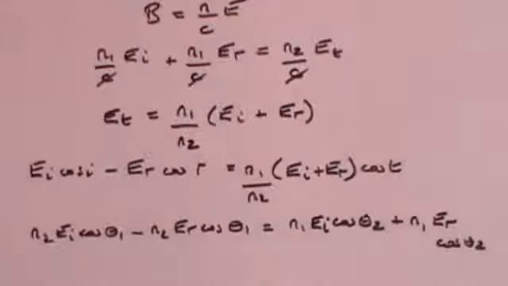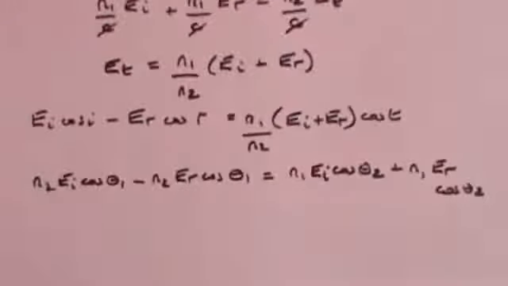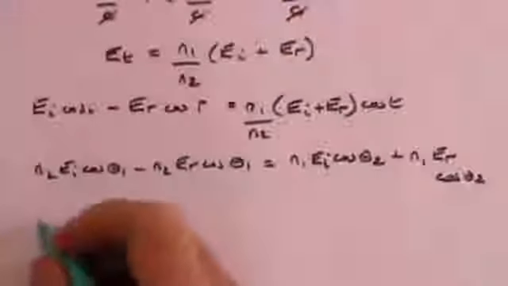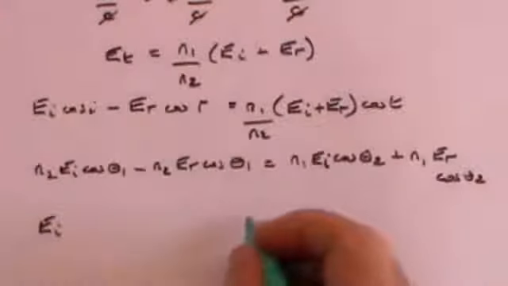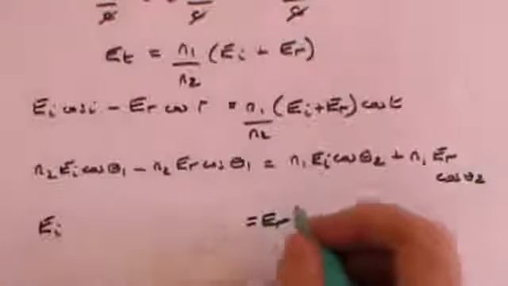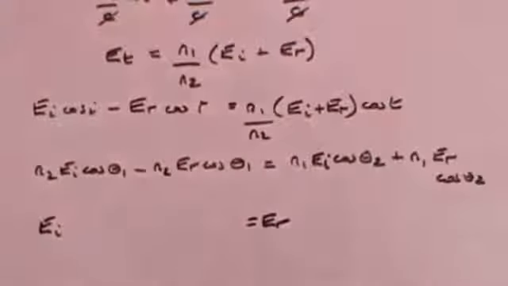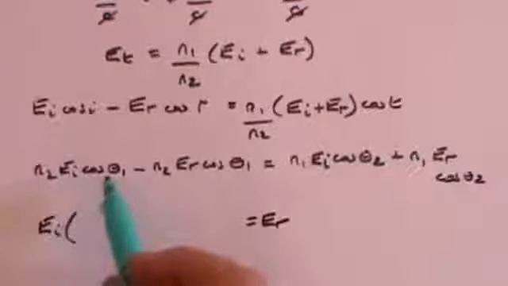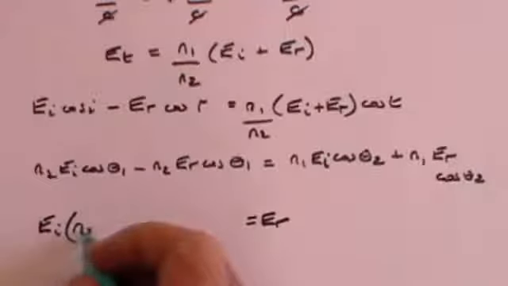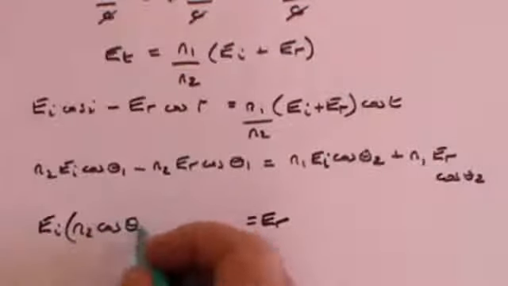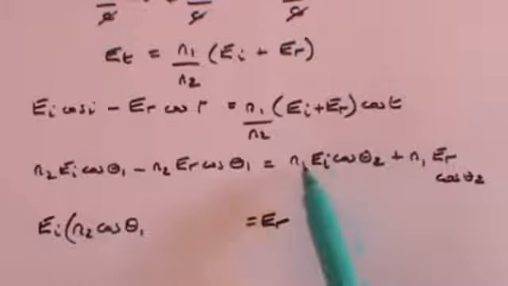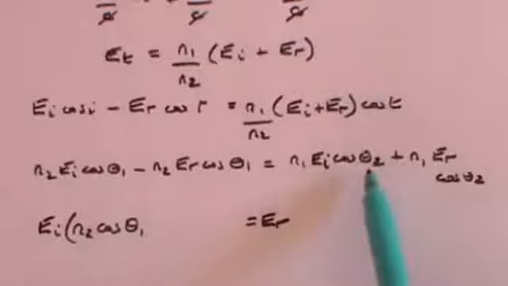And now it's the same trick as before. You want all the EI terms on one side of the equation and all the ER terms on the other side of the equation. And I hope I can fit them all in. So what are the EI terms? Well, we've got one here, N2 times cosine of theta 1. N2 cosine theta 1. I've got another EI term here, which is N1 cos theta 2.